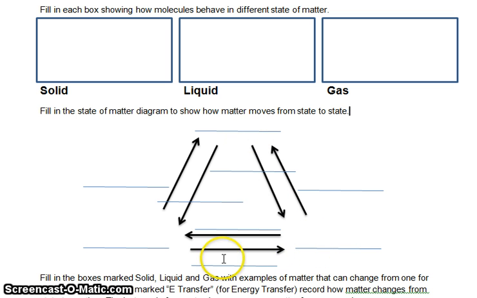Same thing with these blue lines here. You're going to write down the name of the process that moves matter from this state to this state. And same thing with these blue lines right here. This one here and this one here. After you do that, move on to the next piece.